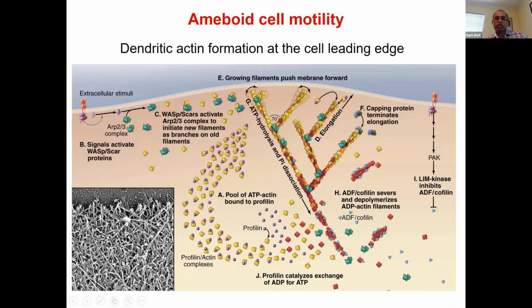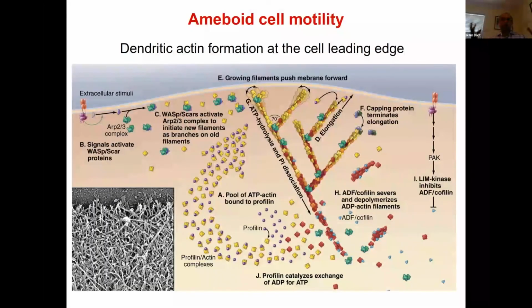Okay, so ignore this busy, crazy looking picture. It's actually a pretty interesting and really informative picture when you look at it and think about it. But the basic idea is, if the cell wants to extend in one direction, it needs to exert pushing forces on the plasma membrane to extend that plasma membrane in that direction. And that happens by activating Arp2/3 complexes locally in that region of the cell.